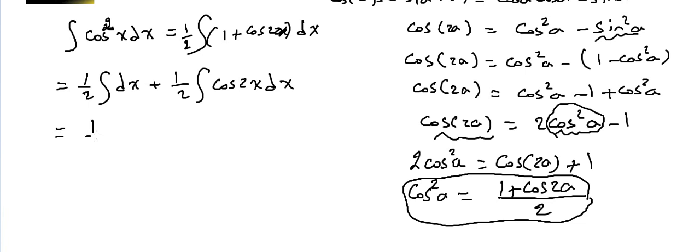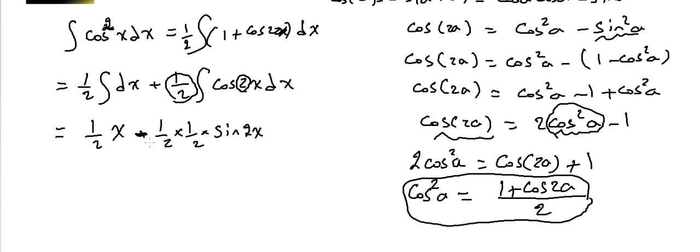Which is equal to half, what is the integral of dx? It's x, plus half, what is the integral of cosine 2x? It's cosine ax or kx, right? It's minus half again, this half already I put it, and the second half is 1 over k, 1 over this constant, times sine 2x.